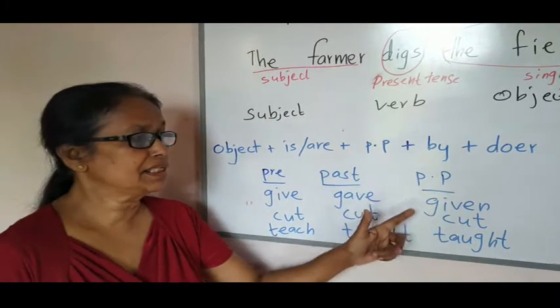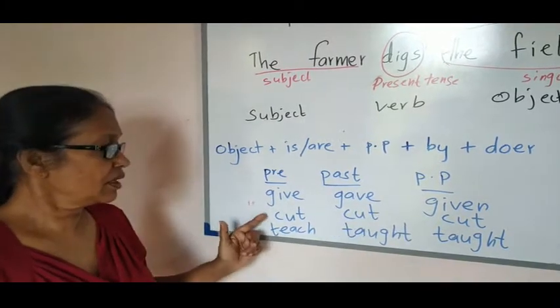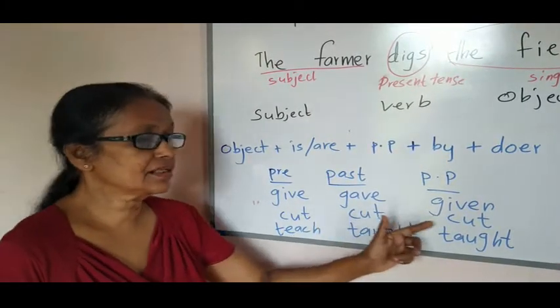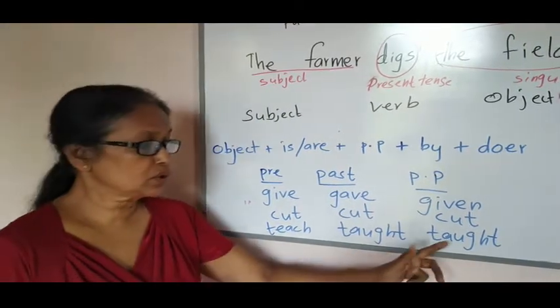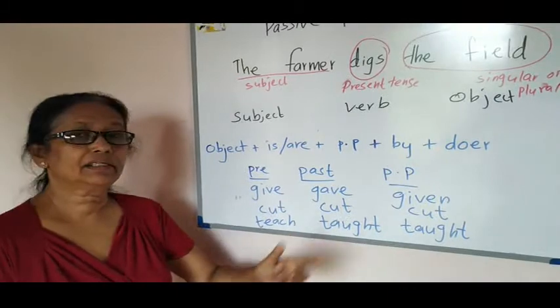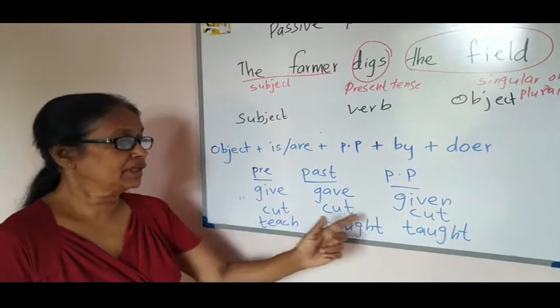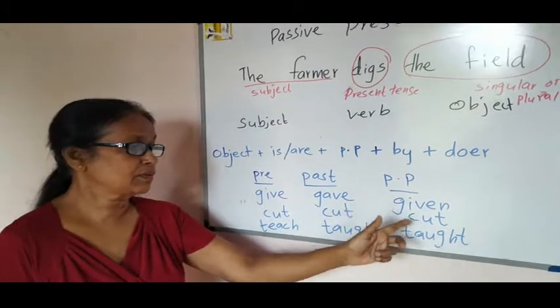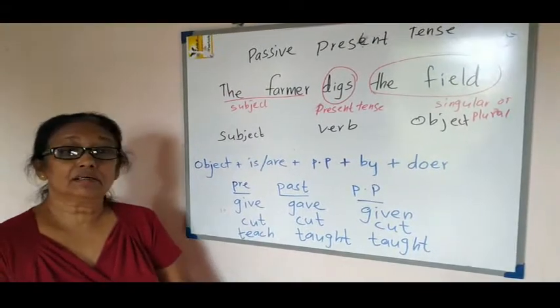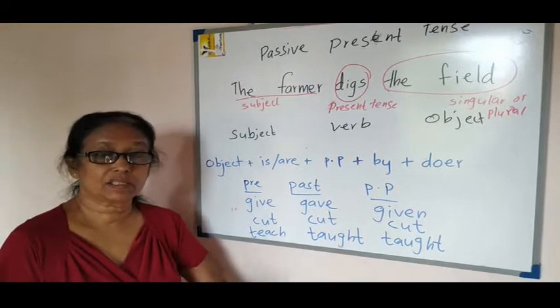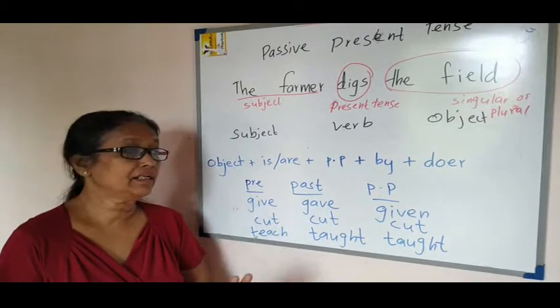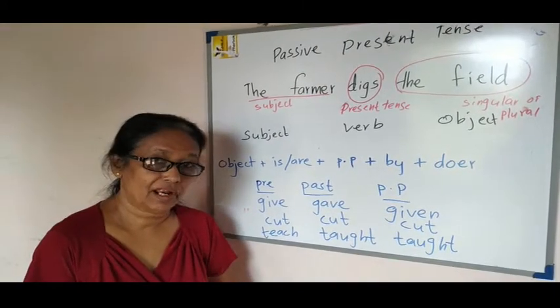Past participle, given. Cut, cut, cut. Teach, taught, taught. That is the past participle of cut. You should know the past participles, otherwise you can't make a passive voice sentence, right?